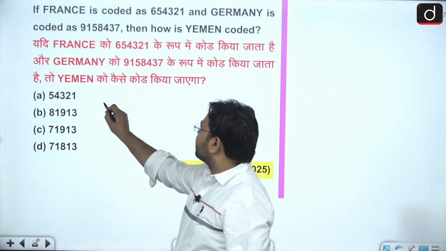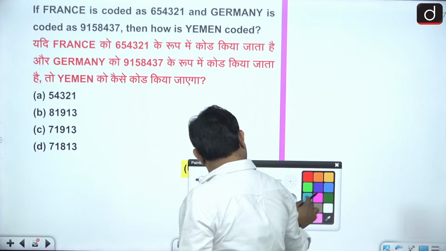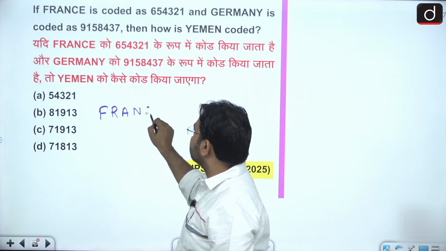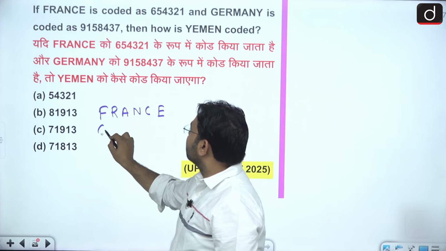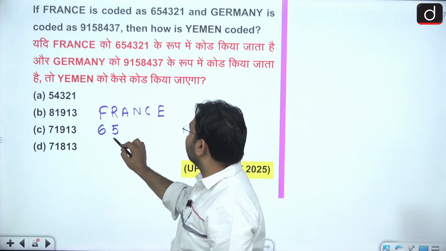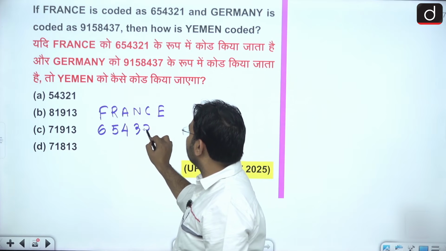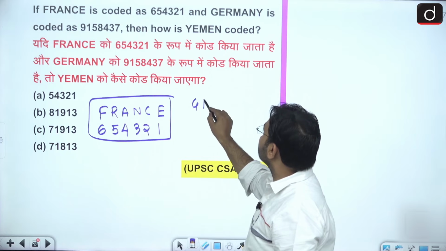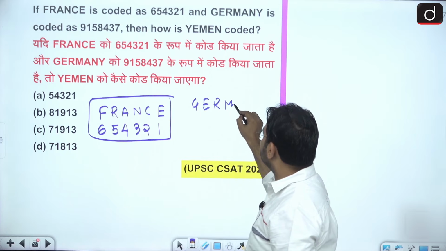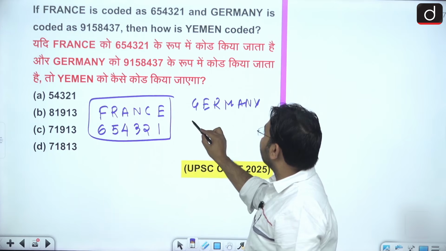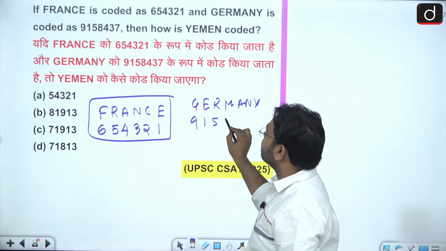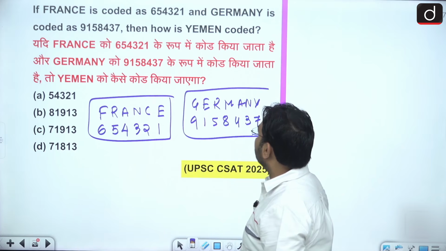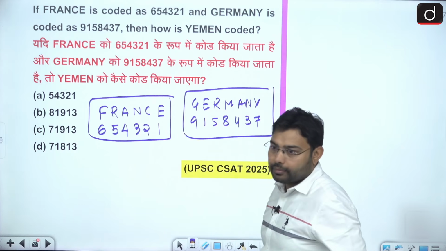It is very simple. FRANCE is coded as 654321, and the code of Germany is 9158437. Now try to find a common letter between them.